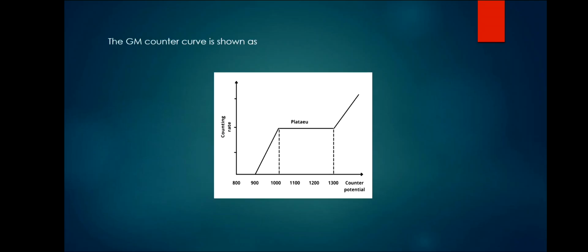At one point, it becomes constant and again increases. The constant region where the counting rate is constant, the difference between V2 and V1, is called the plateau region. In the GM counter, three terms are very important, and the three terms are given here.